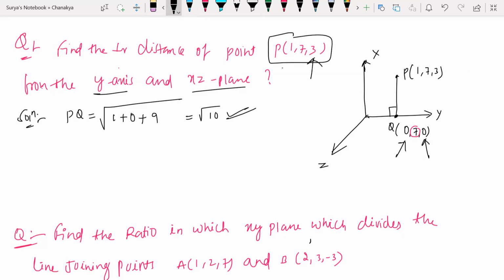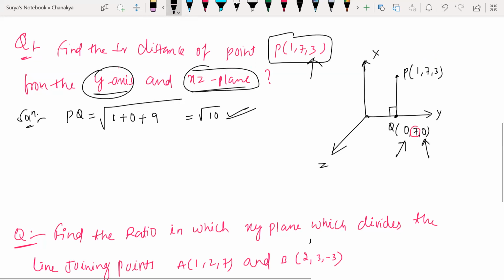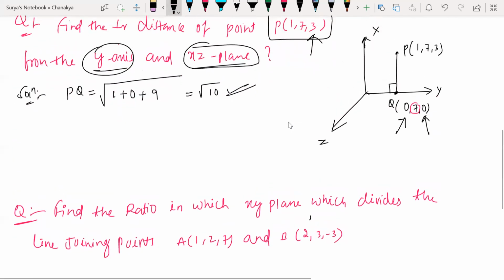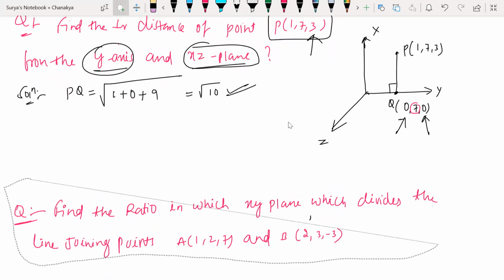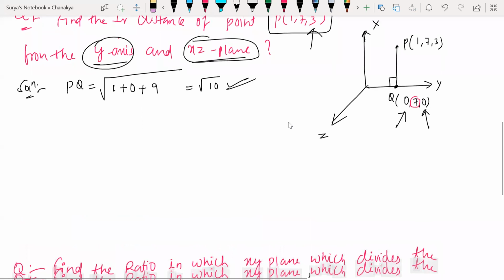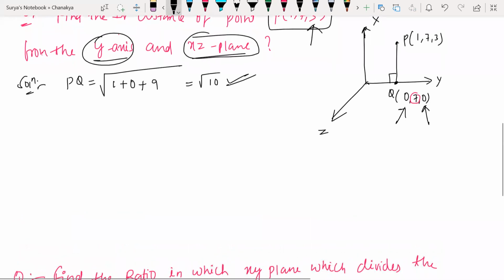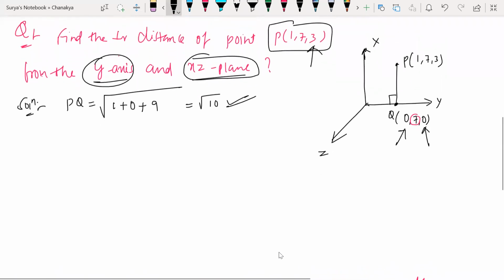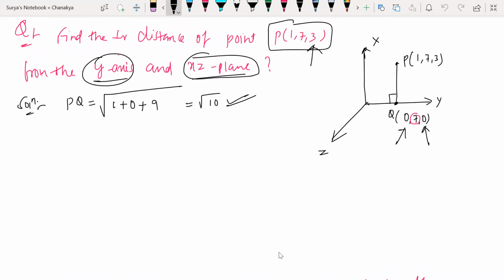Now it's talking about what? Perpendicular distance from the y-axis we found. Perpendicular distance from the xz plane also you need to find out. How can I find that?